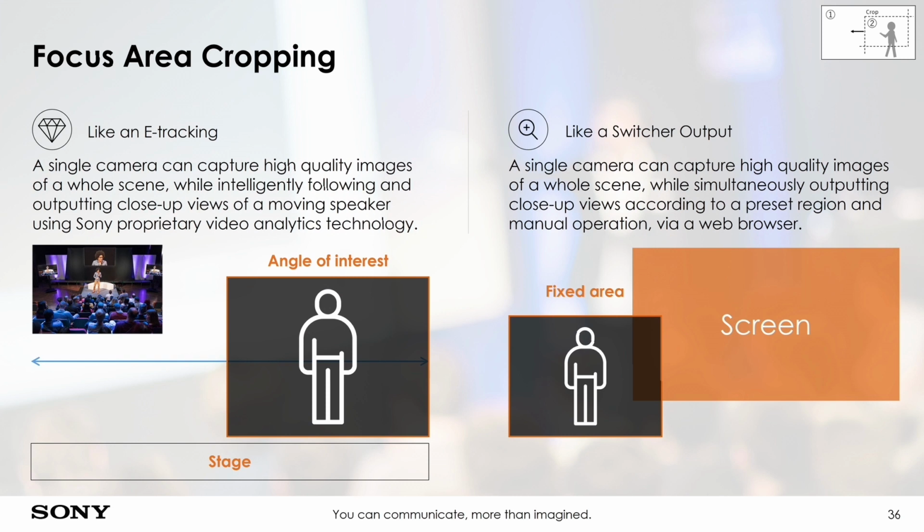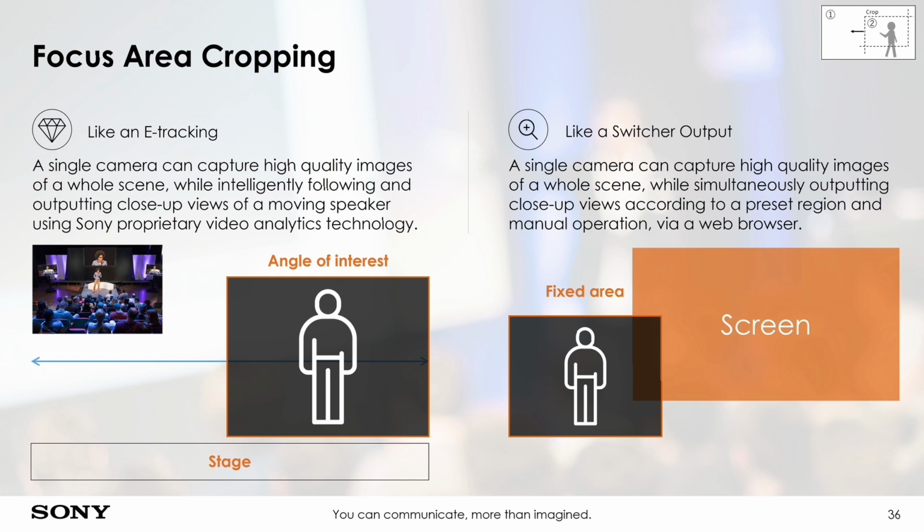There are two ways to distribute the extracted images. One is like an e-tracking mode, where a single camera can capture high quality images of a whole scene while intelligently following and outputting close-up views of a moving speaker using Sony video analytics technology.